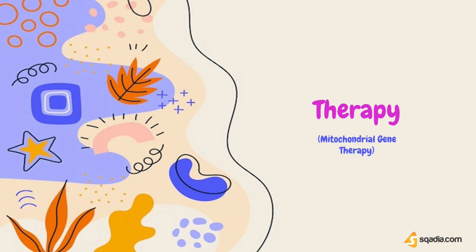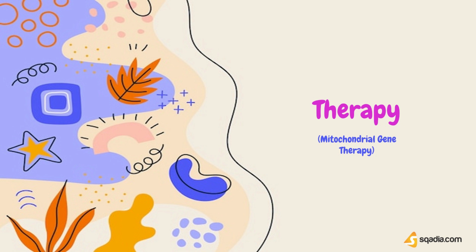Now let's discuss the therapy. Oocyte nuclear transplantation can sidestep transmission of mitochondrial disease. Mitochondrial disease is relatively rare, yet every year in the United States alone, several thousand babies are born with a disease caused by mitochondrial DNA mutation.